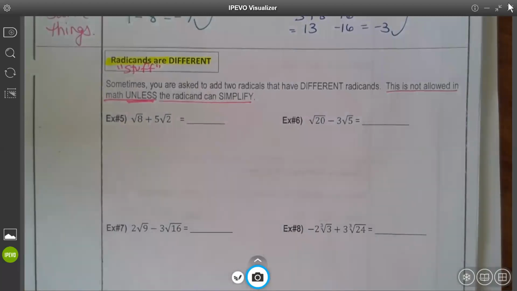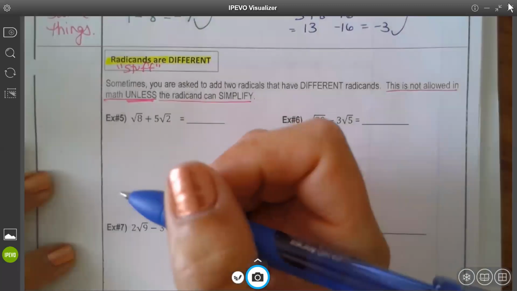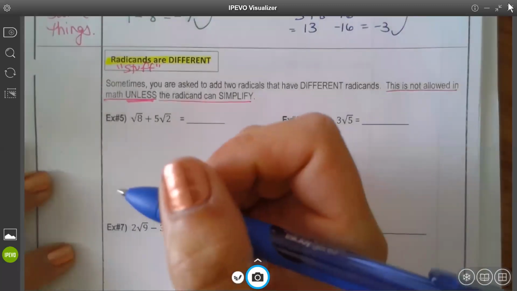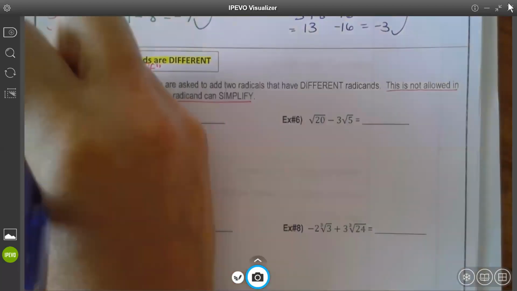We can use our brain and our knowledge of mathematics to manipulate numbers to be able to add them together. We first started doing that when we were adding and subtracting fractions. Remember, you can only add or subtract fractions that have the same denominator. And then pretty soon we came across things that had a different denominator. And then we learned how to find a common denominator so that we could force them to be the same so that we could add and subtract. So the thought process here is the same.